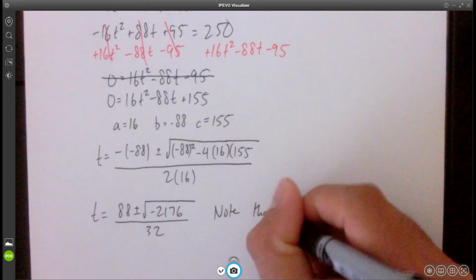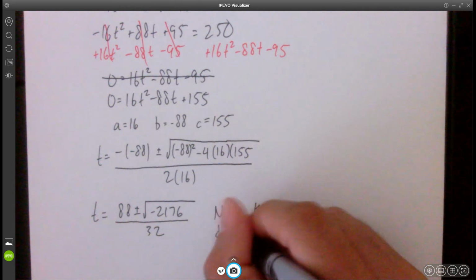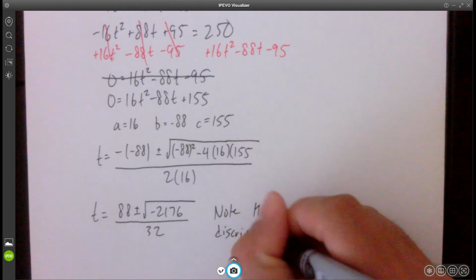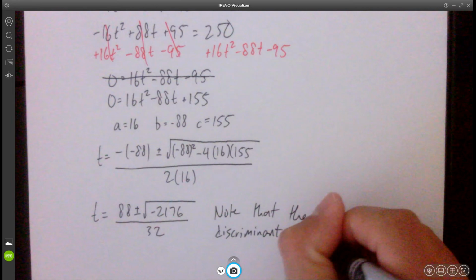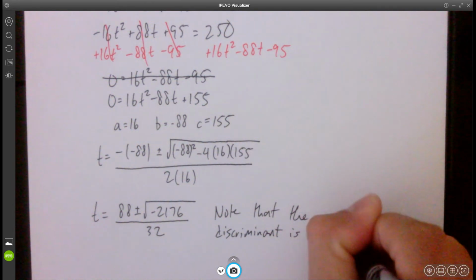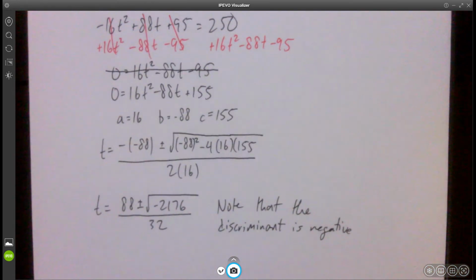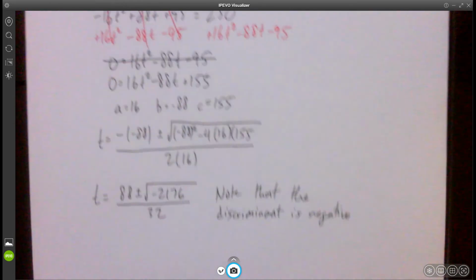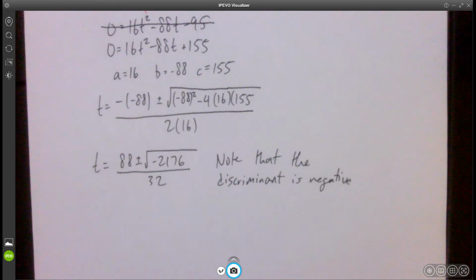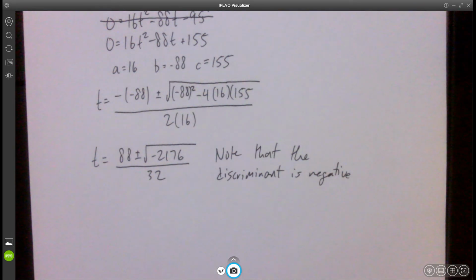Now, one thing I want you to note is that the discriminant is negative. If we look at the previous lessons, we know that if the discriminant is negative, then we're not going to have any real solutions. We're talking about a golf ball in the air, and in real life situations we cannot have complex roots.